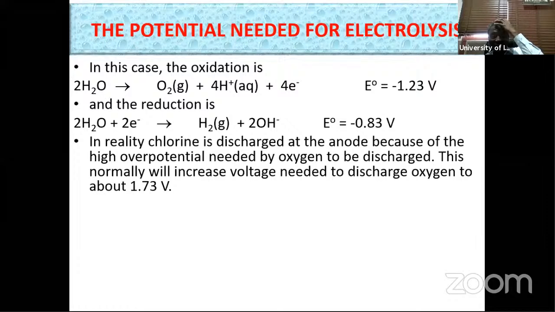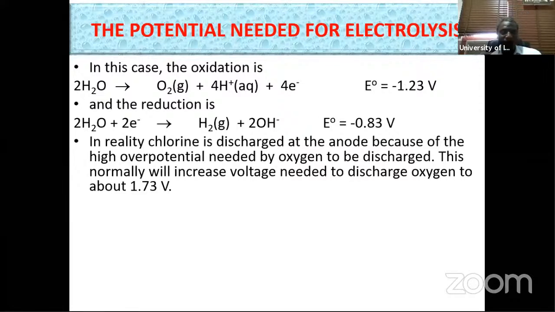So in reality, chlorine is discharged at the anode. And now the question you ask is why is chlorine discharged at the anode? The chlorine is discharged because your oxygen has overpotential. Remember, we just talked about overpotential of oxygen, because it's a gas, and the interaction of that with the anode is going to cause an overpotential.